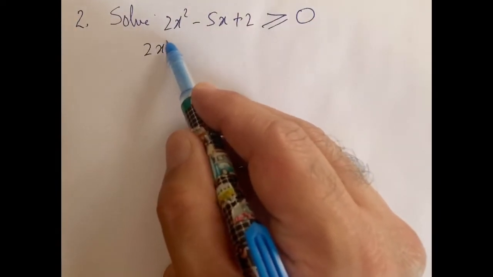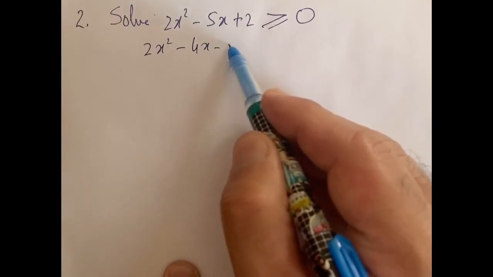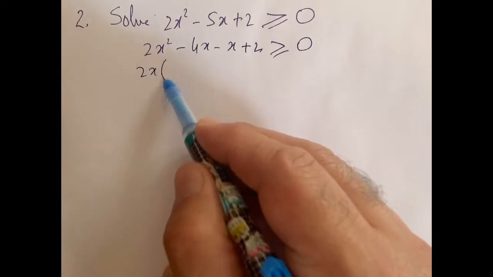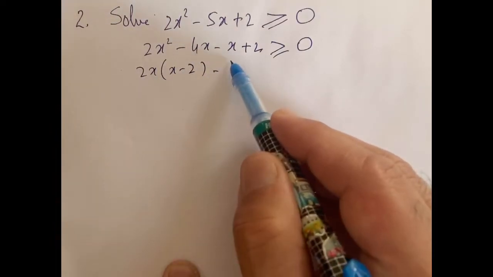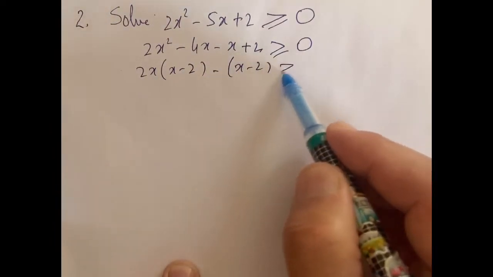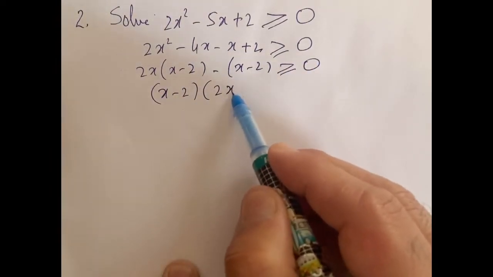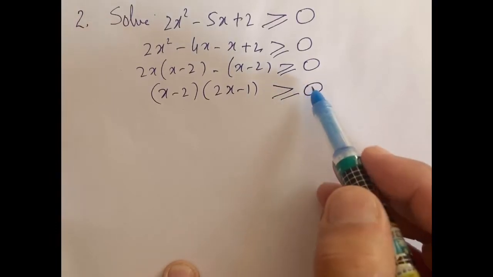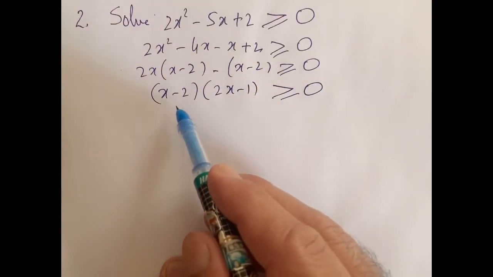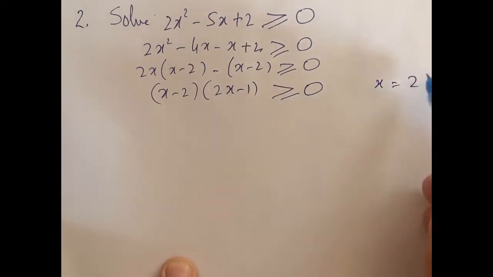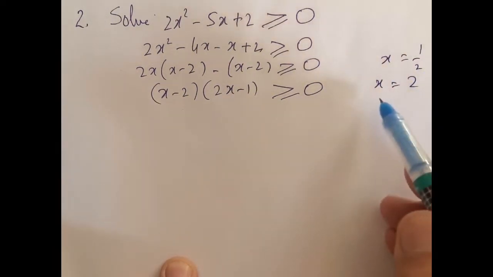Again we factorize. This is 2x square minus 4x minus x plus 2 greater than or equal to 0. 2x common, x minus 2, minus 1 common, x minus 2 greater than or equal to 0. Then x minus 2 into 2x minus 1 is greater than or equal to 0. Now x minus 2 equal to 0 gives us x is equal to 2, and 2x minus 1 equal to 0 gives us x equal to 1 by 2.